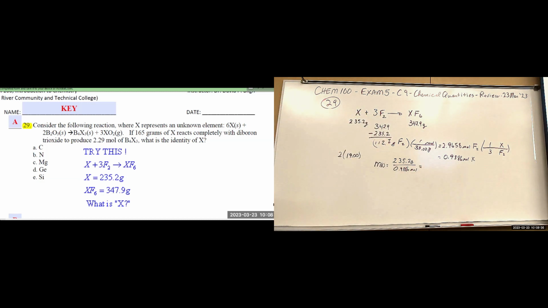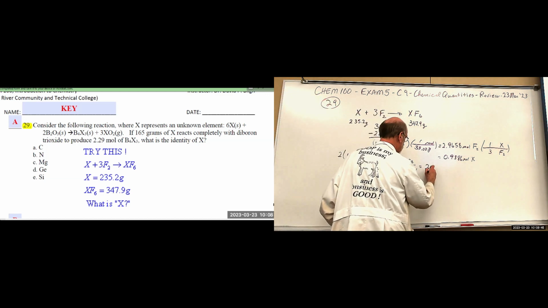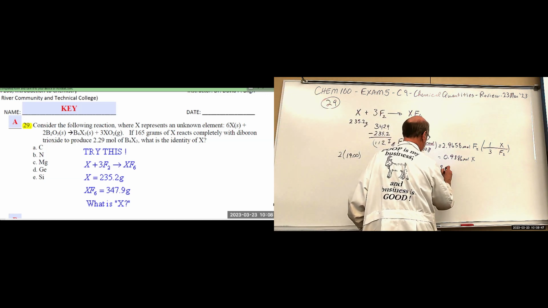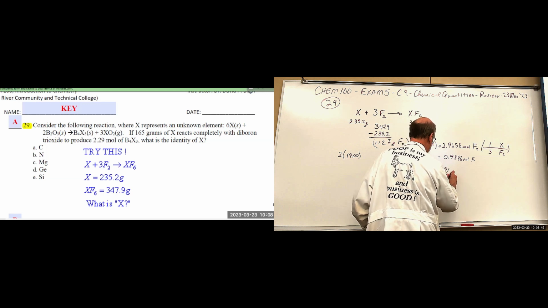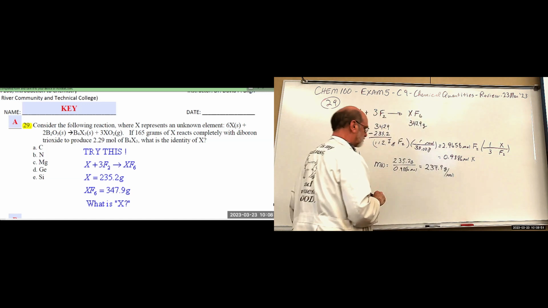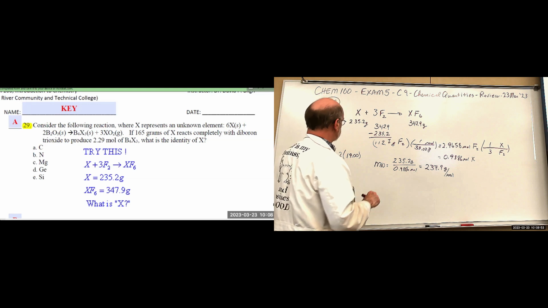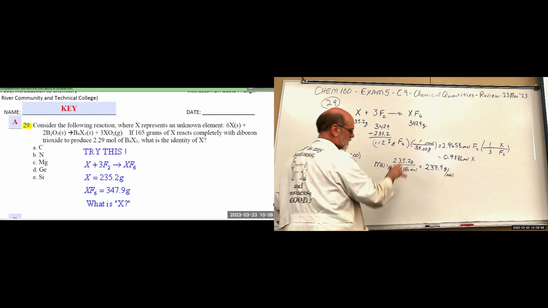So 235.2, yep, divided by that number is 237.9. 237.9 grams per mole. Yeah, 4 significant figures, we're good.